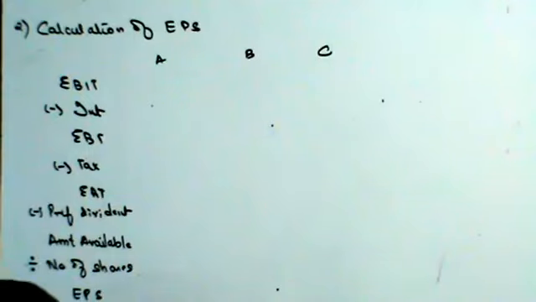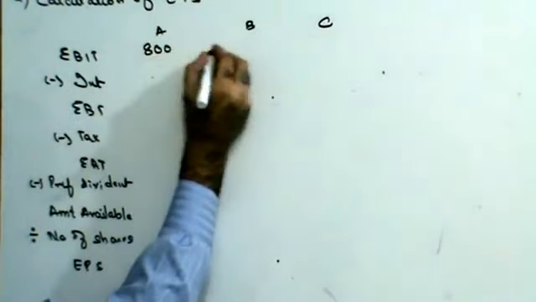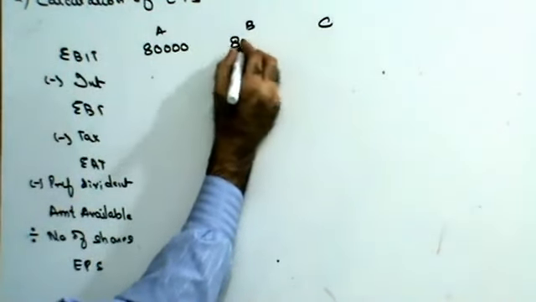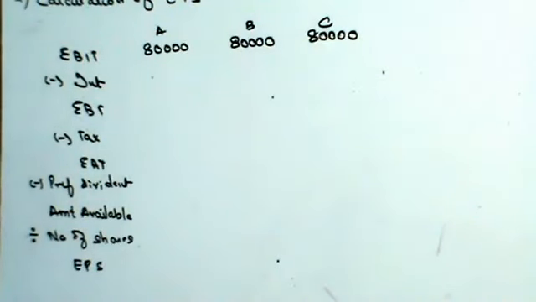Now let's see. Adjustment number F says that EBIT is 80,000. So in all the cases EBIT is 80,000. Right? Interest. In Plan A there is no debt, so there will be no interest.